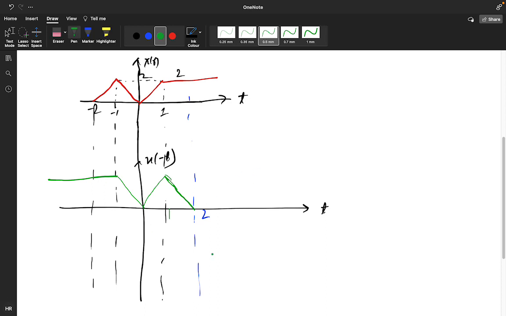Now for the even signal, what you have to do, you have to add these two signals, right? So guys, what will you get if you add these two signals? This is 2 only.